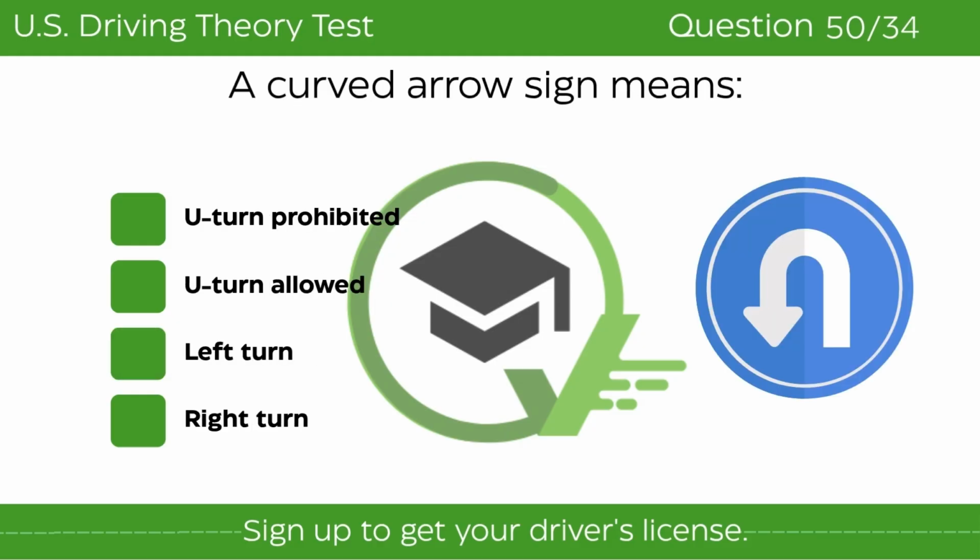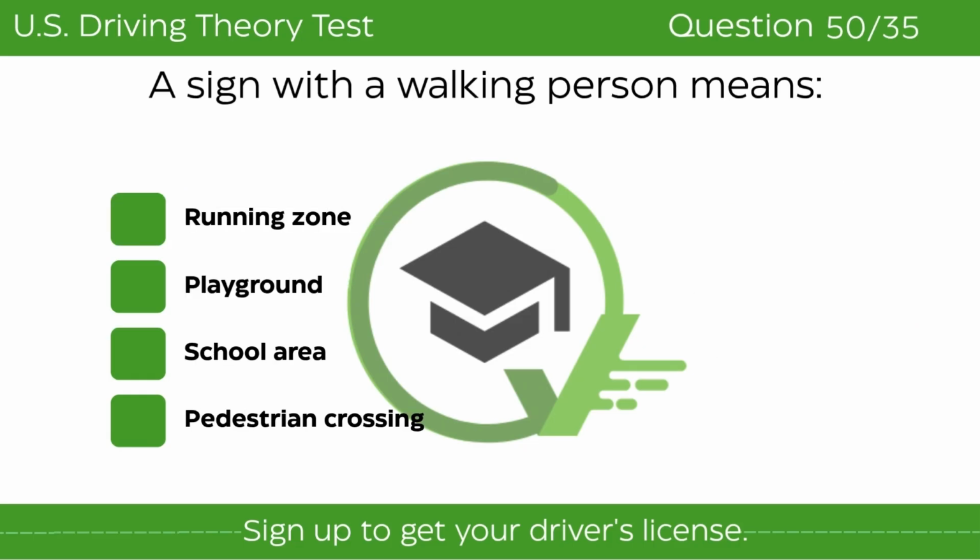Question 34. A curved arrow sign means A. U-turn prohibited. Question 35.